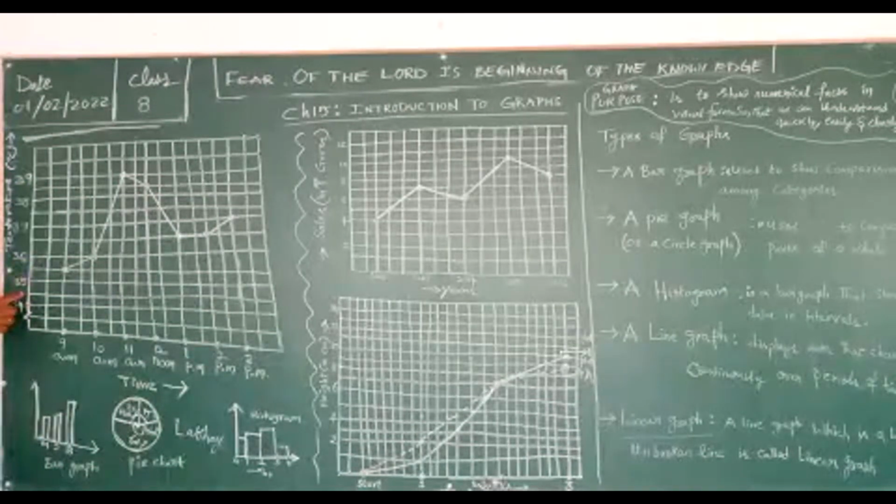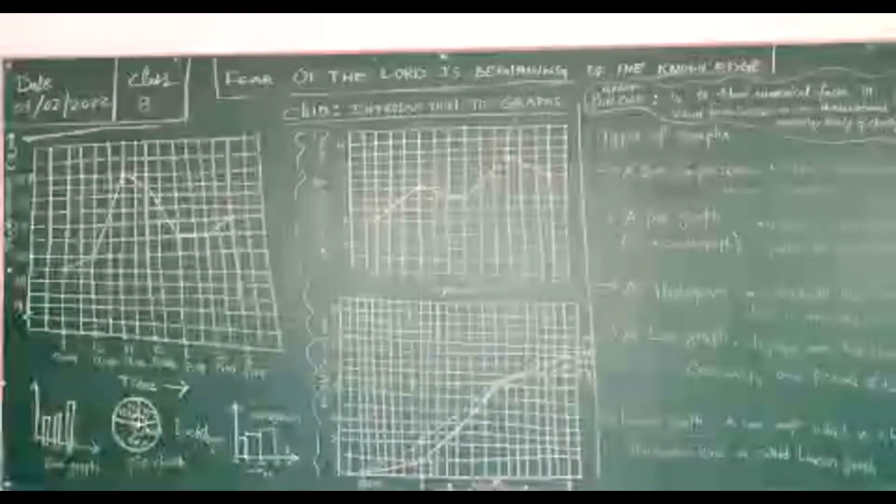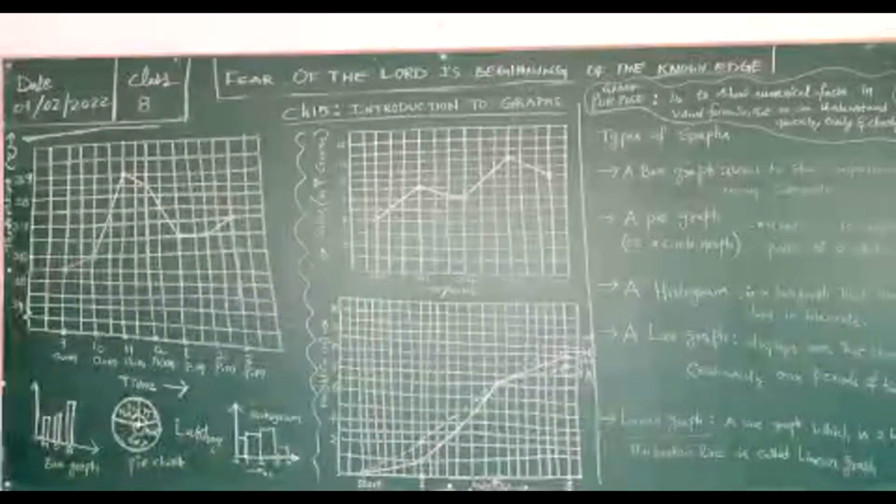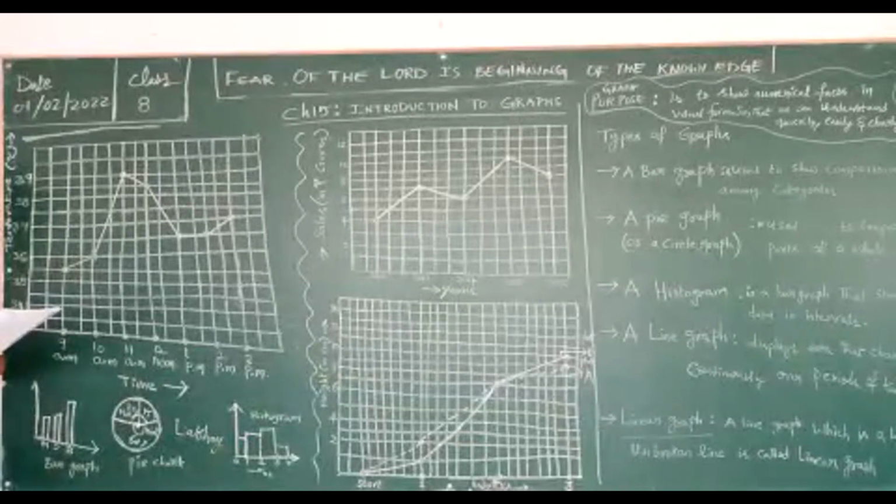The middle one means 34.5, and here it is 35.5, and so on. The following graph shows the temperature of a patient in a hospital recorded every hour.